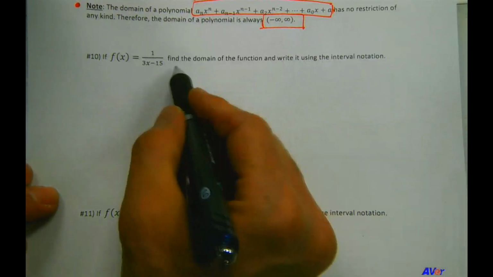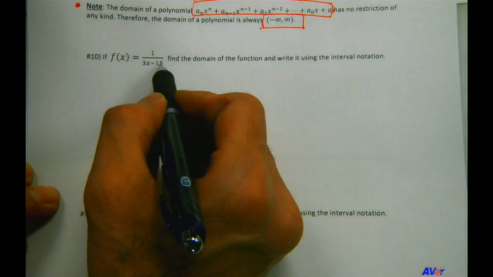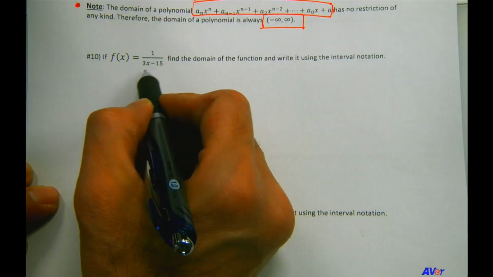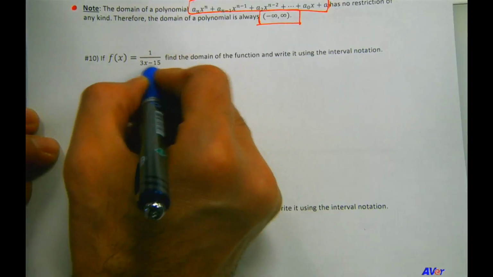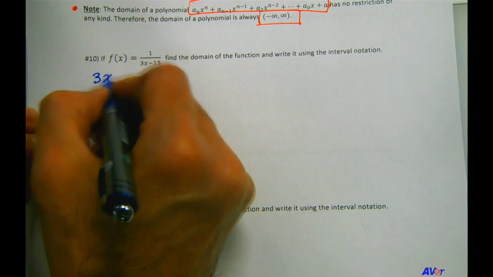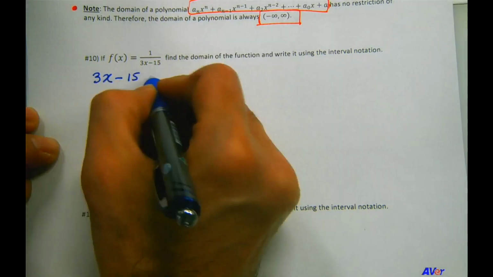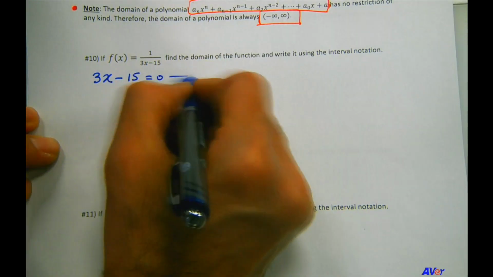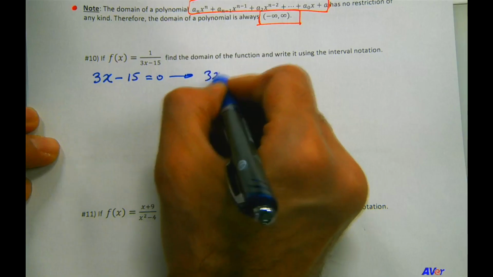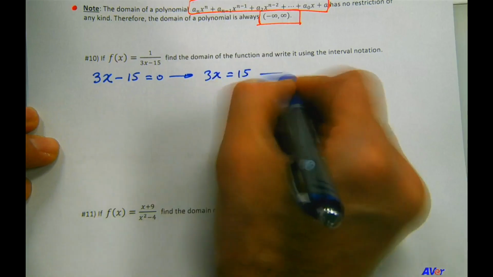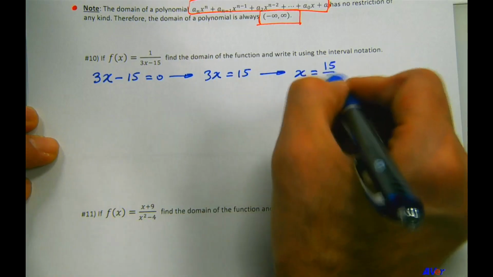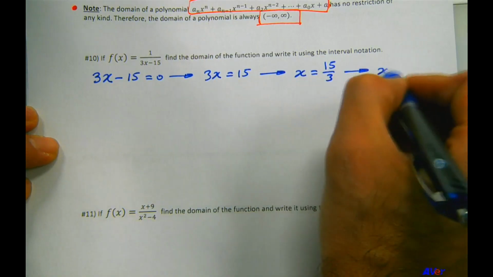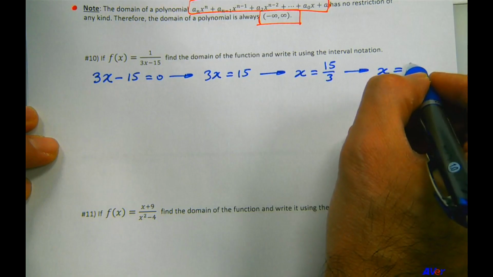Okay, so the domain of this function must guarantee that the denominator is never 0. So let's solve for any x value that could make the denominator equal to 0. So 3x minus 15 equals 0, and 3x equals 15, and x is equal to 15 over 3, which means x equals 5.